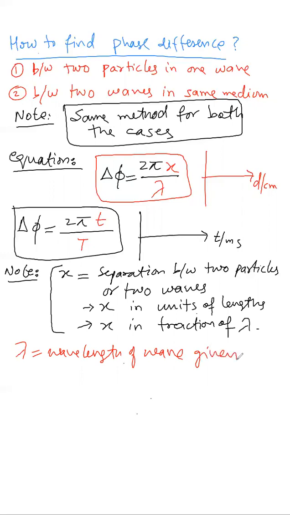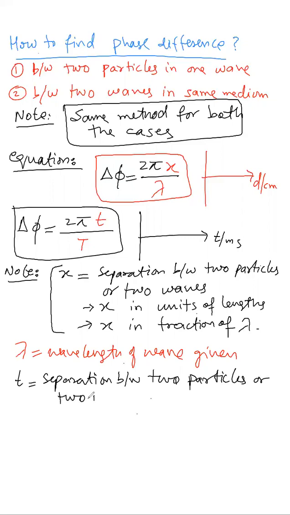And in a similar way, small t is again the separation between two particles or two waves, and capital T is time period of that wave.